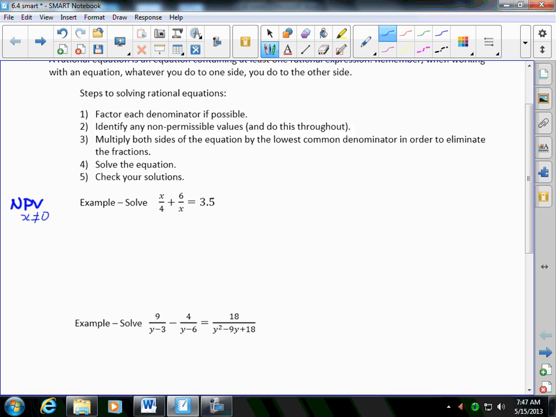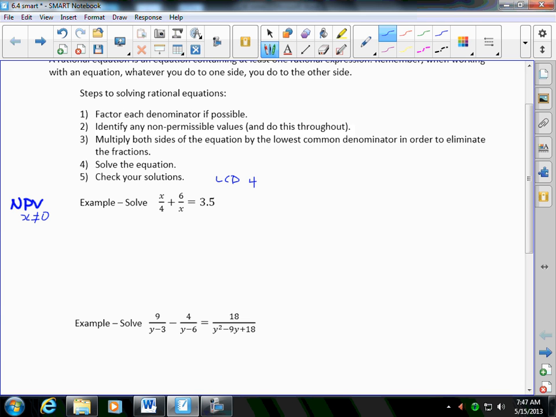So then what I want to do is multiply both sides by the lowest common denominator in order to get rid of the denominator. For my lowest common denominator, just like we did with the addition and subtraction, line them up. Whatever is in common, you don't have to multiply.